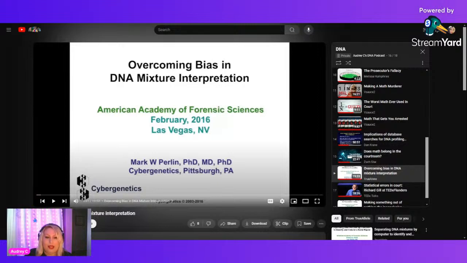And they found that even within the same lab, the analysts all had varying answers, whether it was inclusive, exclusive, or non-conclusive, whether you can include the suspect, exclude the suspect, and that kind of thing.